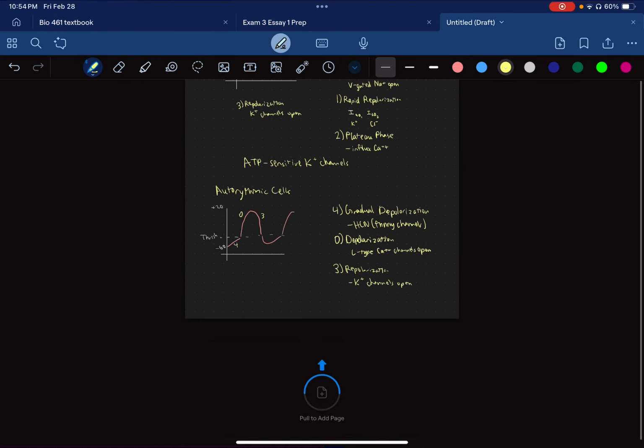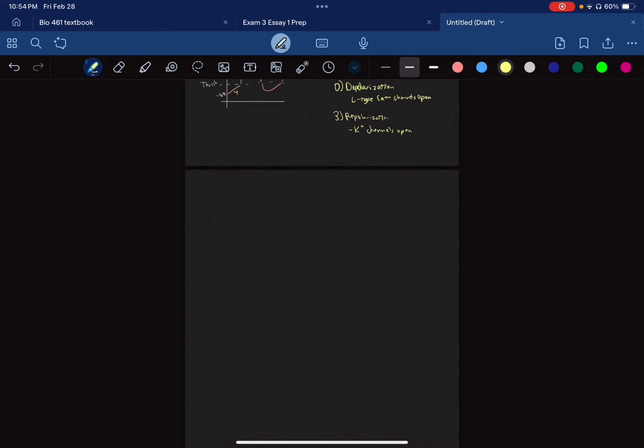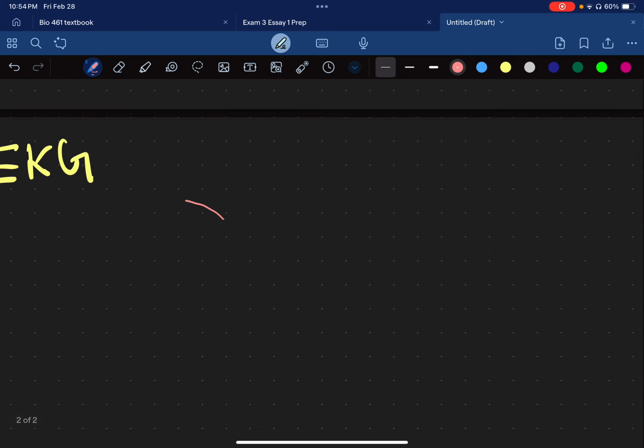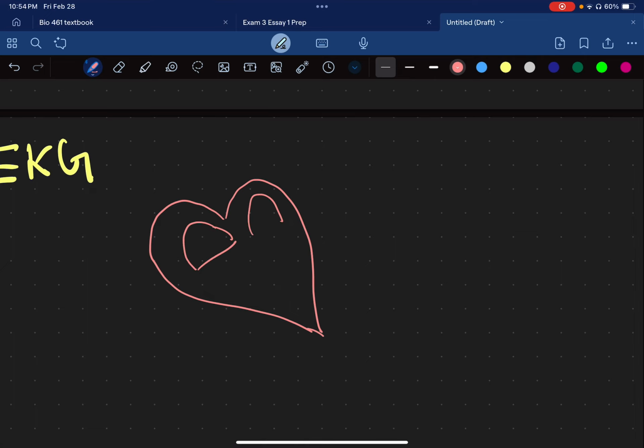And that actually segues perfectly into our next topic, the EKG, the electrocardiogram. So if I just draw a little cartoon heart here, we have our 4 chambers, the atriums and ventricles. And then we have a couple different landmarks here.